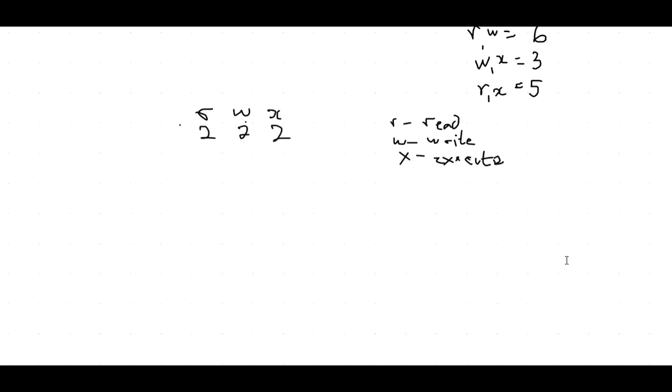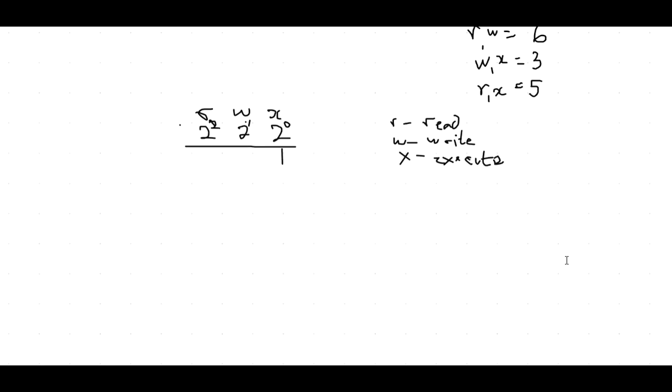Then 2 to the power of 0, 2 to the power of 1, 2 to the power of 2. 2 to the power of 0 is 1. Anything to the power of 0 is 1. 2 to the power of 1 is 2.